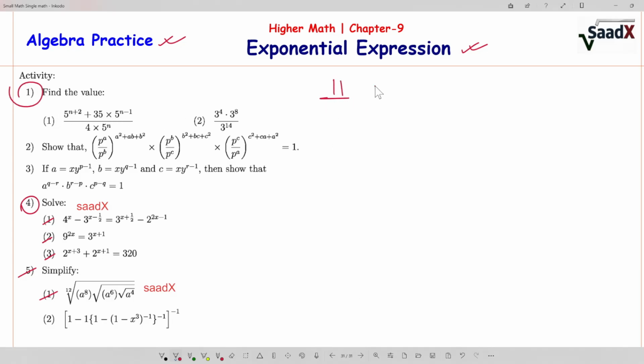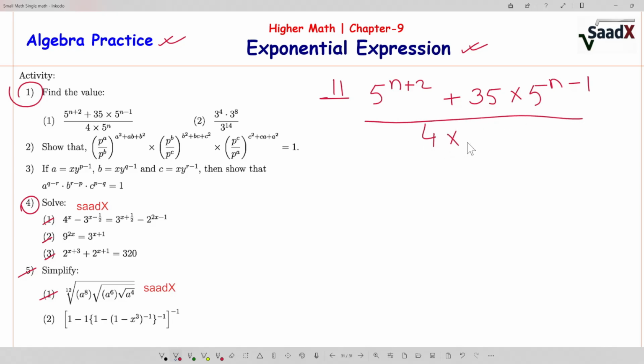Here mention 5 to the power n plus 2 plus 35 times 5 to the power n minus 1, over 4 times 5 to the power n. It's a simple thing. We know as per exponential law, a to the power m plus n, we can write a to the power m times a to the power n, right?